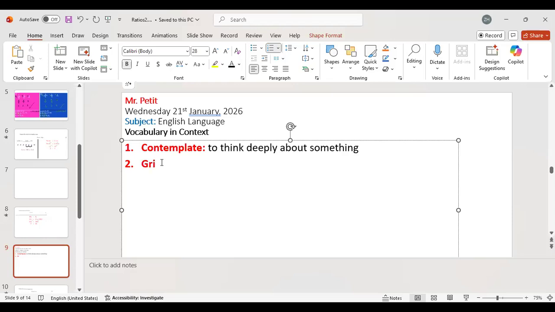No. Grimace? Grim. Yes, grim. What does grim mean? Melancholic, sad, depressed, not happy, serious, or frightening. That's what grim means, right?